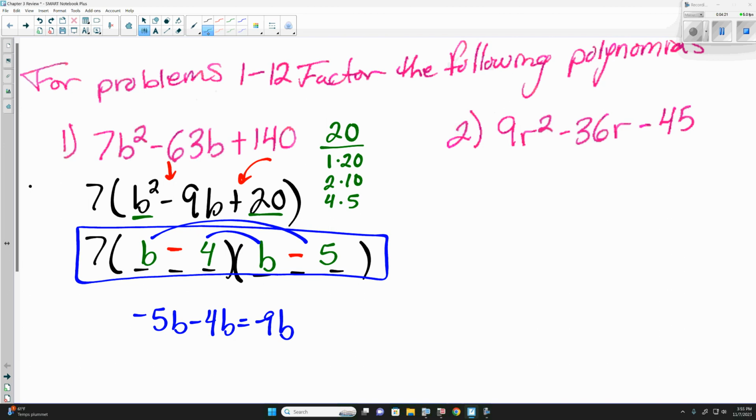Now again, first we need to determine if there is a greatest common factor. So we're looking at 9, 36, and 45. It does work out that 9, 36, and 45 are all divisible by 9, so we can factor the 9 out.